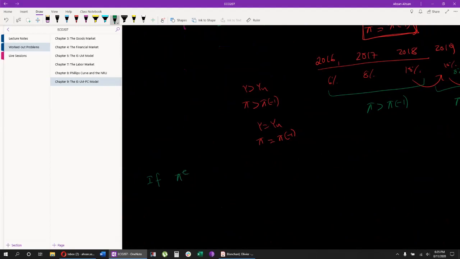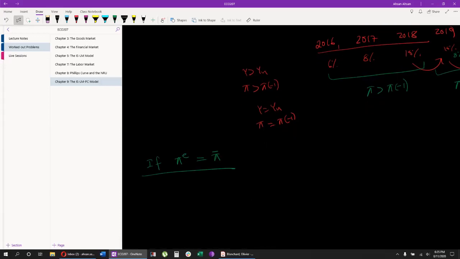If expectation is formed around a fixed level of inflation, then what that means is when inflation is equal to that level, there is constant rate of inflation, which is this.